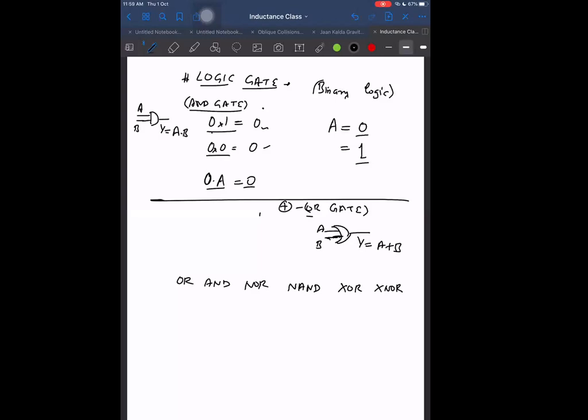I will draw the truth table for this. What is the meaning of truth table? I will give the input values, and if we give such and such inputs, what output do we get?